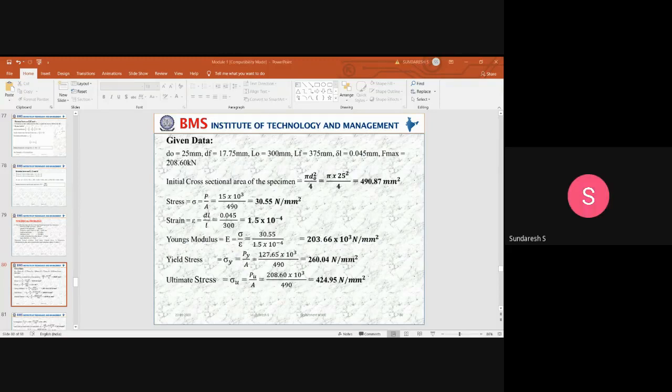If you substitute only 3.14, you get 490.625. If you take the complete value of pi up to the final decimal point, you get 490.87. Please check that: pi into d square divided by 4 is 490.87. Don't substitute only 3.14. Type the complete pi value and you will get 490.87.